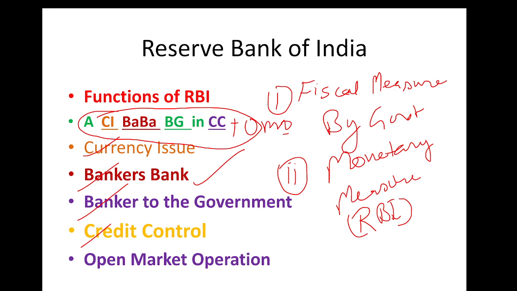And banker to the government means it also advises the government and gives loans to the state governments also. So it keeps deposits with the bank, government security. These are the bankers to the government functions.